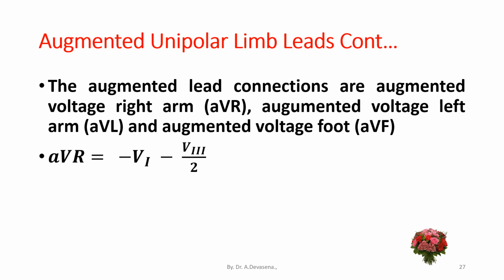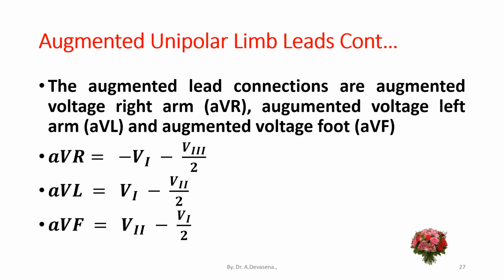AVR is equal to minus voltage at lead 1, V1, minus voltage at lead 3, V3, divided by 2. AVL is equal to voltage at lead 1 minus voltage at lead 2 divided by 2. AVF is equal to voltage at lead 2 minus voltage at lead 1 divided by 2.